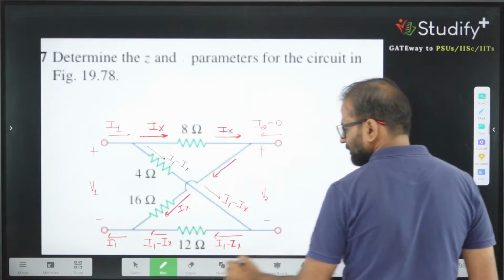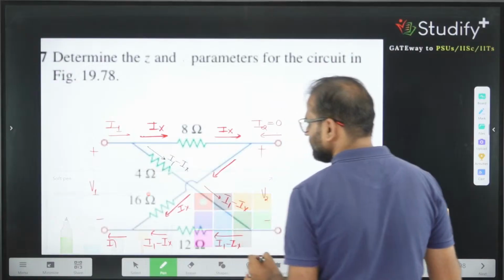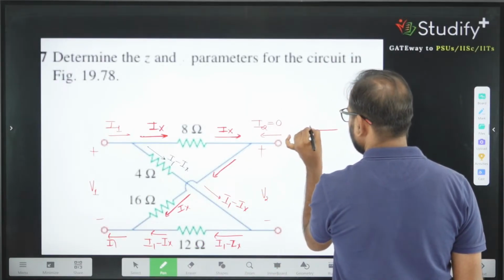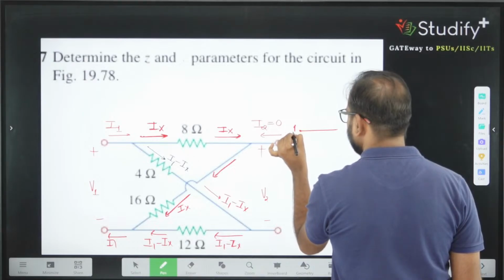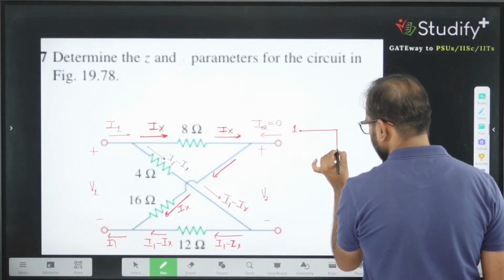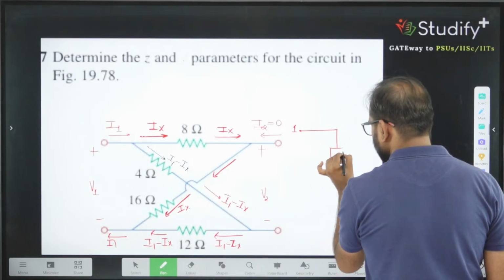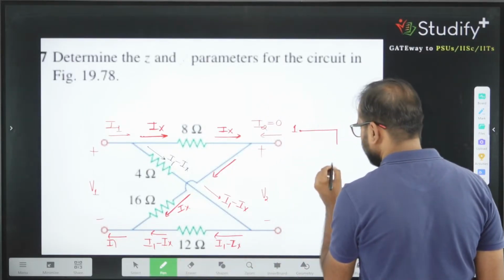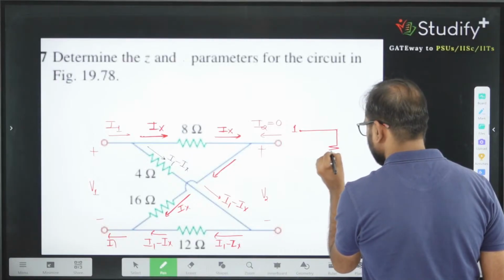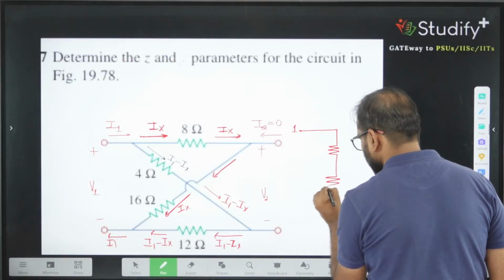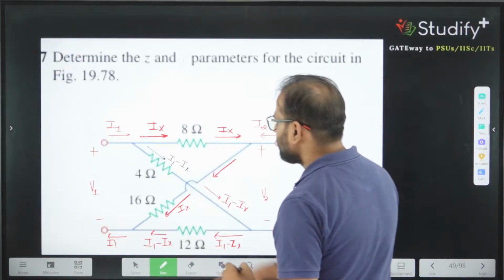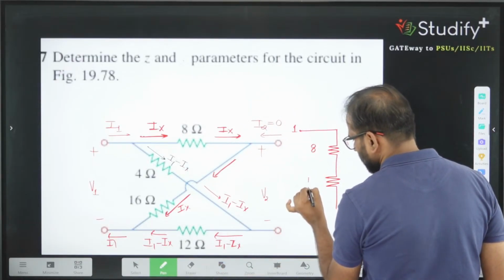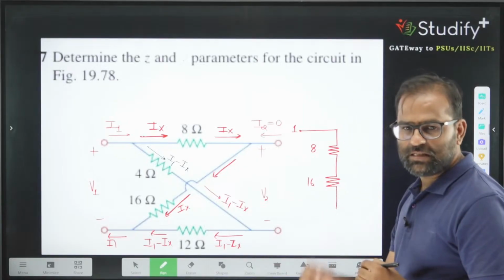Let's say this is point 1. One branch is having 8 ohm and 16 ohm. Same current means these are in series.